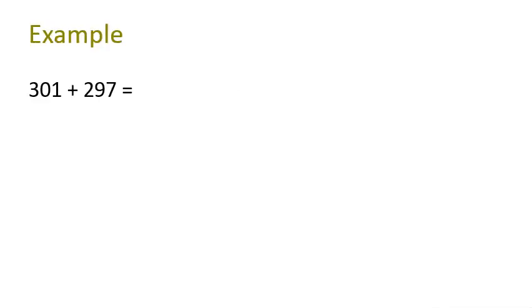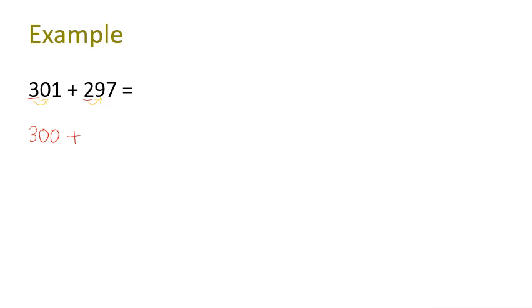For example, I'm going to round these to the nearest 100. It'll make it easier to work out. So to the nearest 100, I look at the number to the right and it's 0 to 4, so this is going to stay the same. Change the other numbers to 0. So I've got 300, and then I look at the number to the right here, it's a 9.